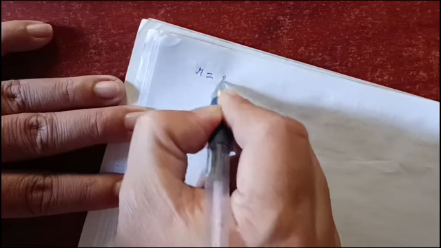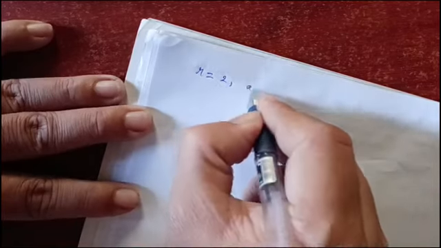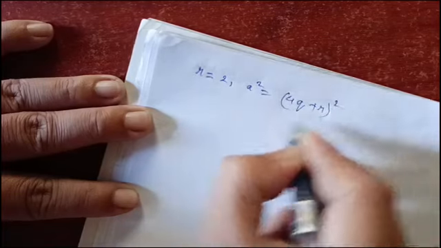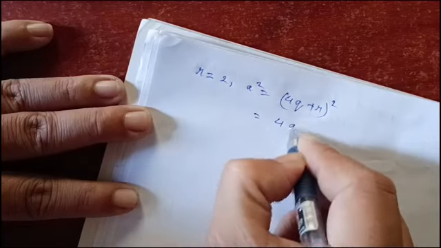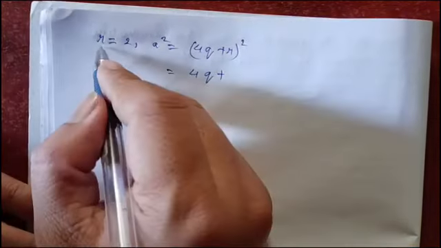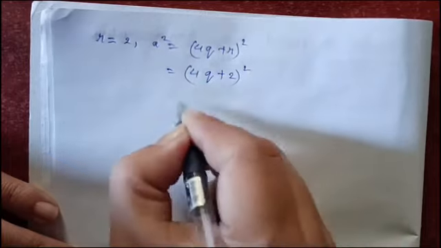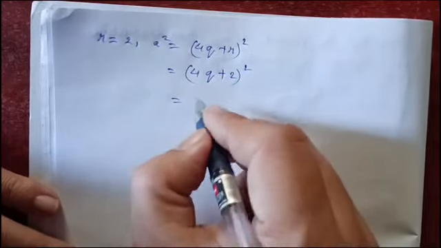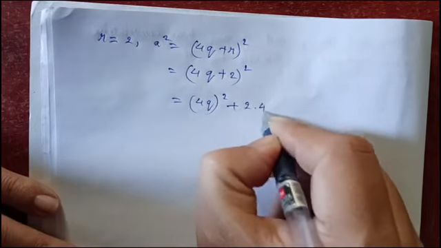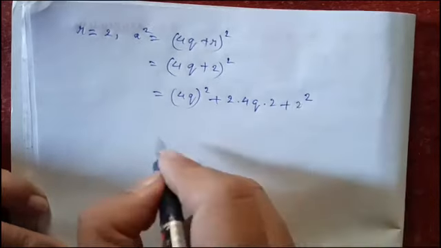Now when the r value is 2, let us take the square, don't forget to take the square. So 4q plus r. Now our r value is 2. Instead of r we are going to write 2. Then apply the formula a square plus twice ab plus b square.